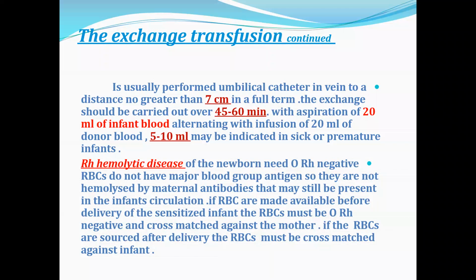Because these RBCs do not have a major blood group antigen, so they are not hemolyzed by maternal antibodies that may still be present in the infant circulation. If RBCs are made available before delivery of the sensitized infant, the RBCs must be RH O negative and cross-matched, of course, with the mother.